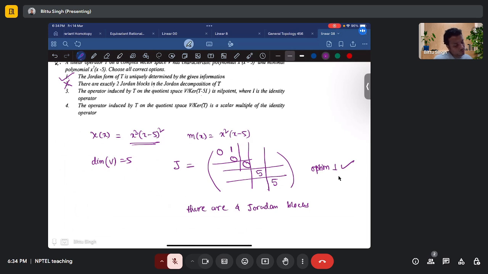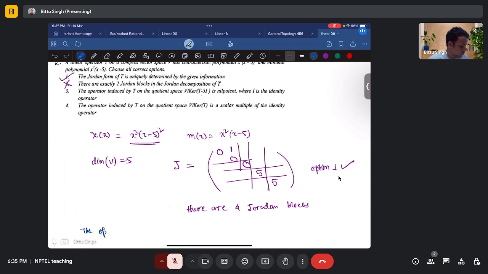Now the operator induced by T on the quotient space V mod kernel of T minus 5i. What will this be? Okay. So from here, let us write the operator.